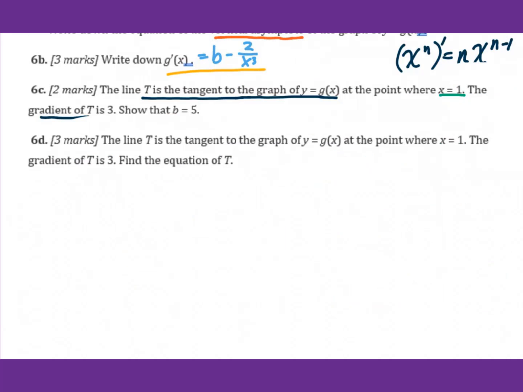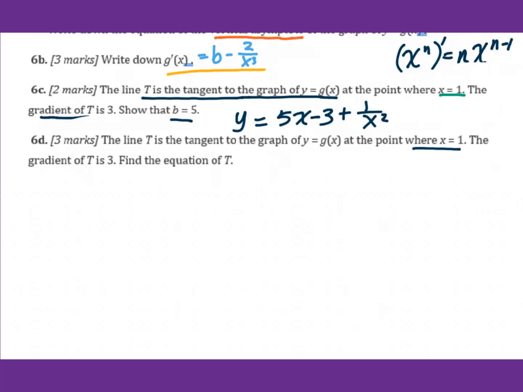Go to 6d. The line t is a tangent to the graph of y equals g of x at the point where x equals 1. The gradient of t is 3, find the equation of t. Since b equals 5, we already got y equals 5x minus 3 plus 1 over x squared.